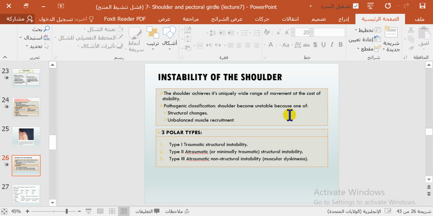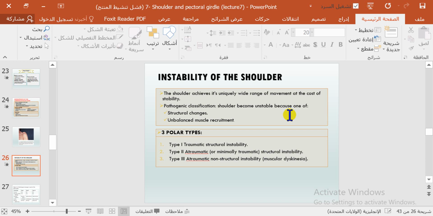And in the pathogenic classification, the shoulder becomes unstable because of structural changes or unbalanced muscle recruitment, either a structural problem or the muscles surrounding the shoulder are unbalanced, either by disease in the nerve or disease in the muscle itself or rupture in the muscle as well.